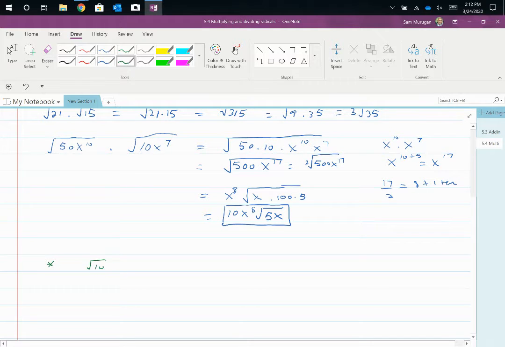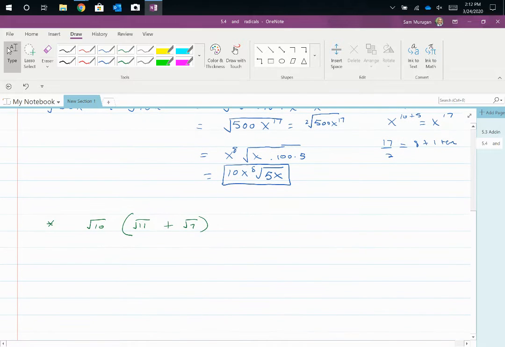Square root of 10 times the quantity square root of 11 plus 7 square root of 7. So it's pretty obvious here that we would have to distribute.